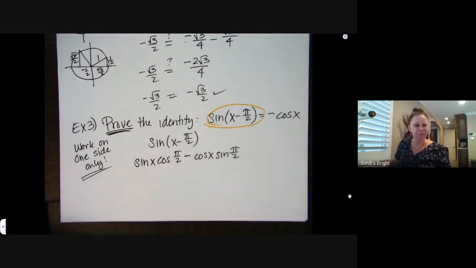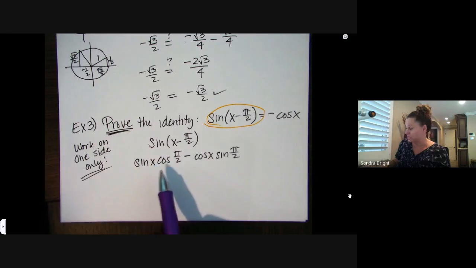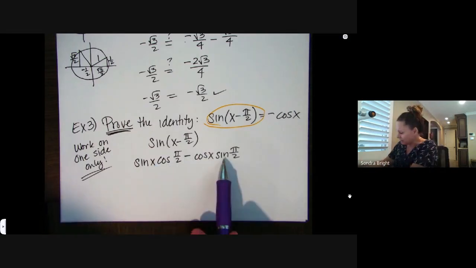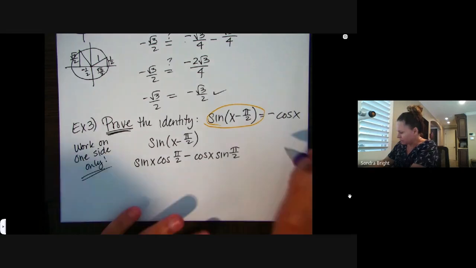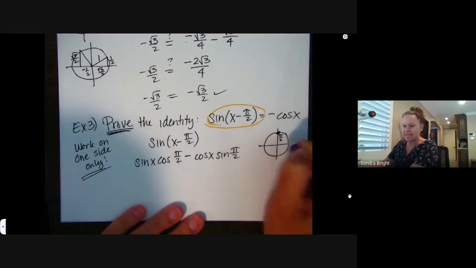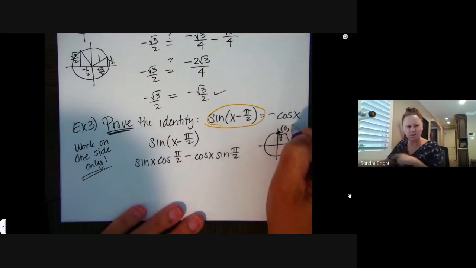Well, I don't know what sine of x is, but I do know the values of cosine and sine of pi over 2. Pi over 2 is a 90-degree angle. Here's pi over 2, and your cosine is 0 and your sine is 1, since your r is 1.